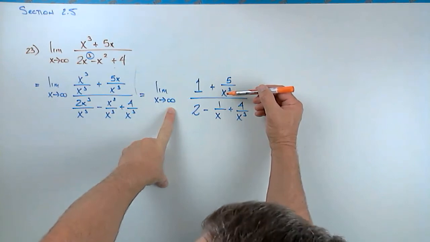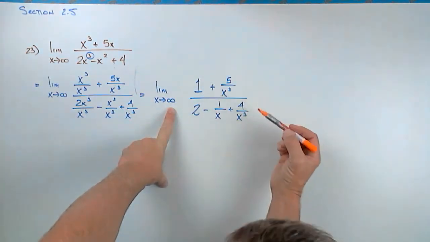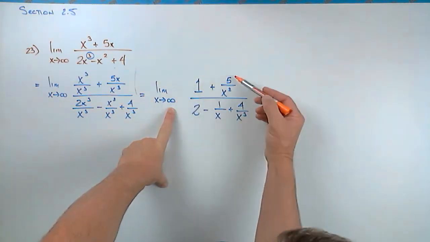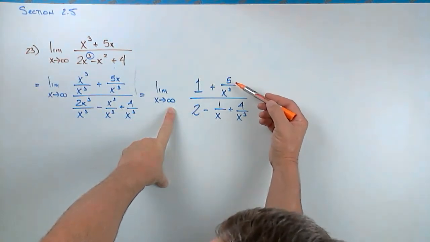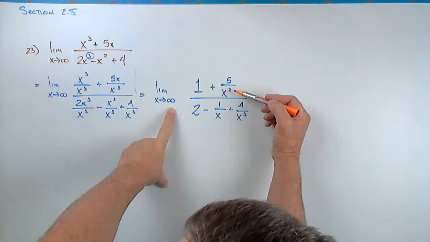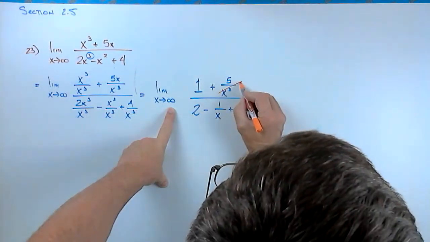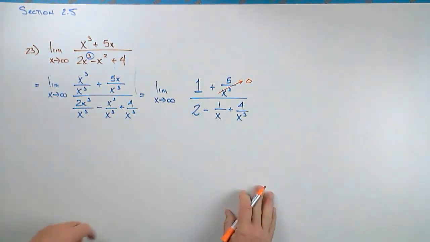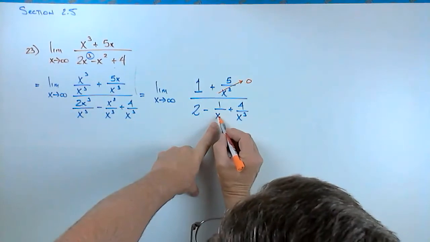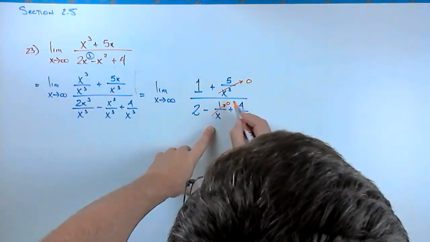If x is 100, which is nowhere near infinity, this is 5 divided by 10,000. That's a tiny number. If x is 1,000,000, 10 to the 6th, this is 5 divided by 10 to the 12th. And 1,000,000 is nowhere near infinity. So this is approaching 0. Similarly, this function, x, dominates this constant function. So this goes to 0.